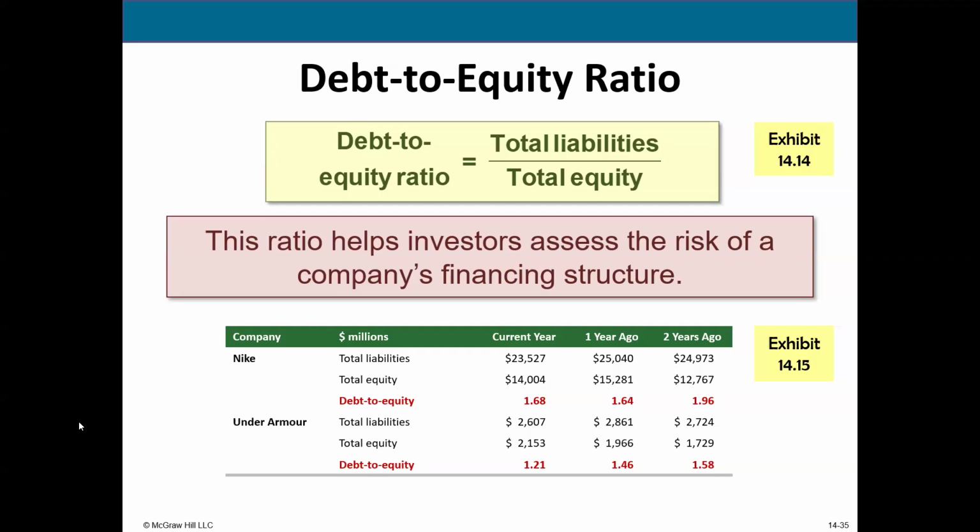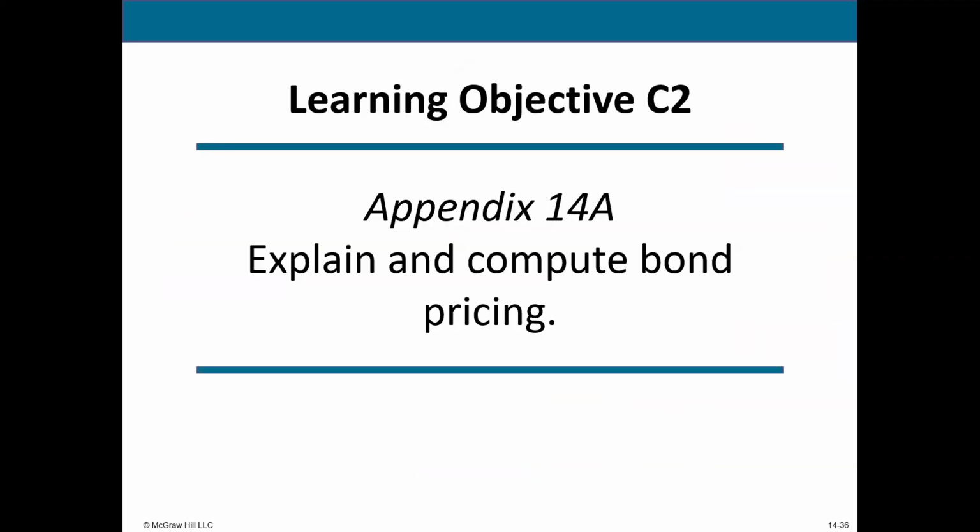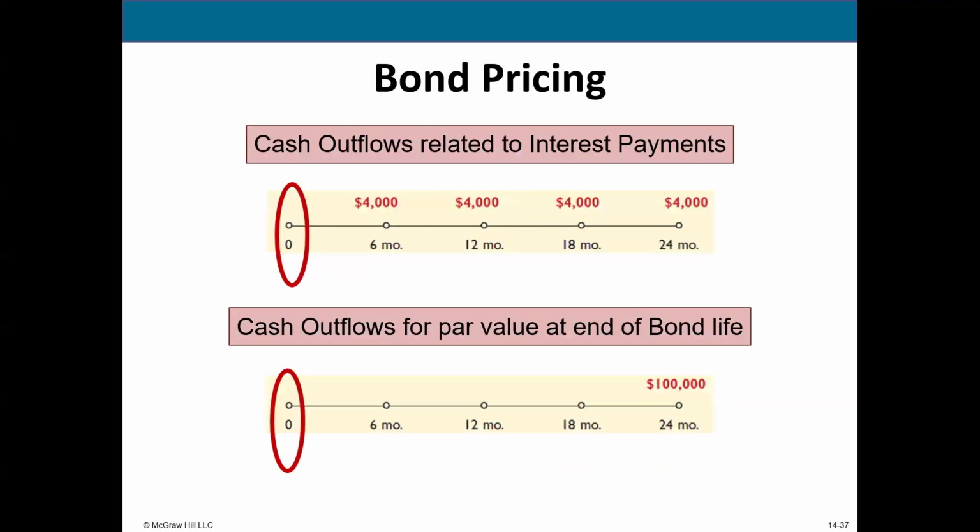I'd like to further explain just a little bit about how bonds are priced out from a time horizon perspective, because sometimes we're missing values and we need to be able to solve for those missing values. So sometimes we need to be able to compute the price of a bond.